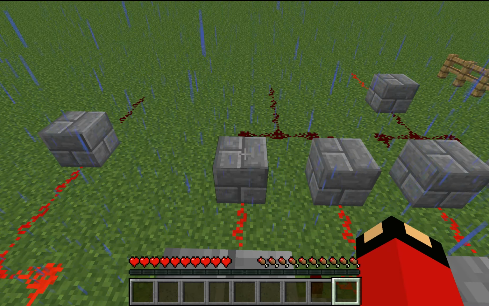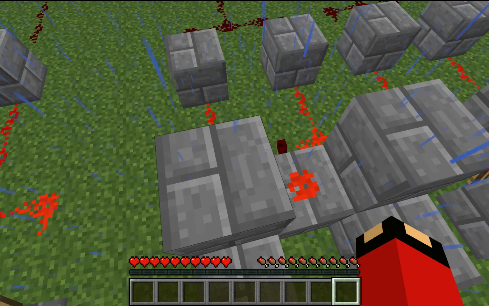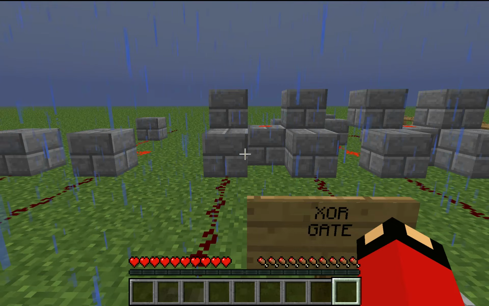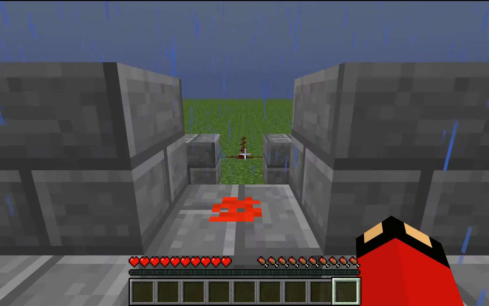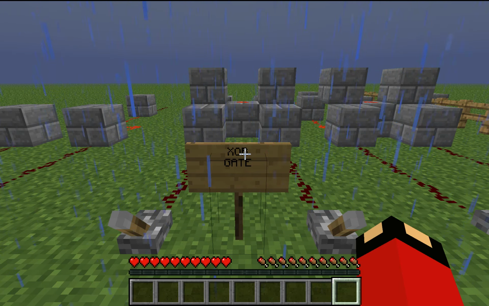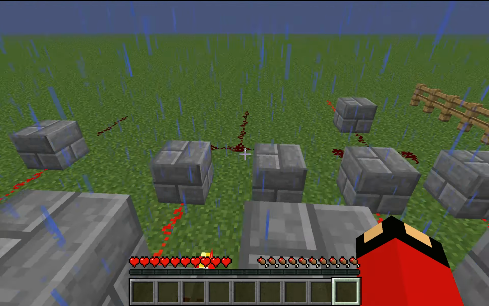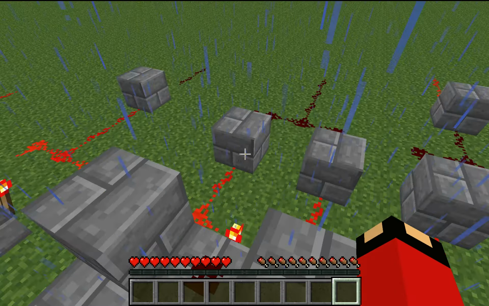There are 4 different possibilities of what can happen with these gates, and then I'll explain why. First of all, both off, the output is off. Then, if both are on, then the output is also off, but don't worry about that. I'll show you in a minute why.